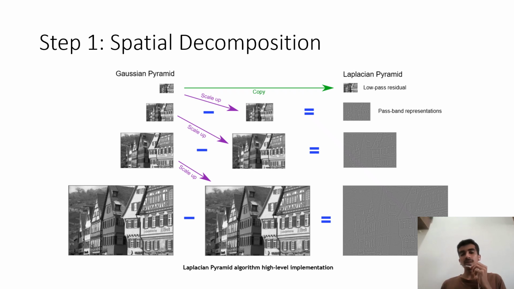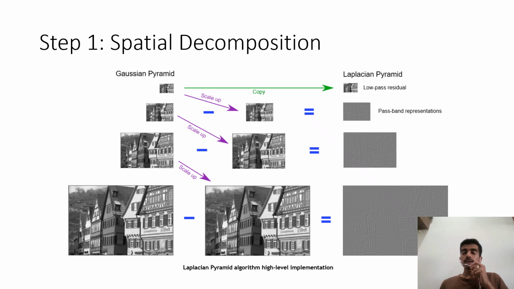This is the level GL plus 1. As you can see, the GL plus 1 layer is blurrier and smaller in size than the GL level. To create the Laplacian pyramid from the Gaussian pyramid, we first copy the smallest level as it is and then scale this level up to the size of the next level by adding zero padding between each pixel.